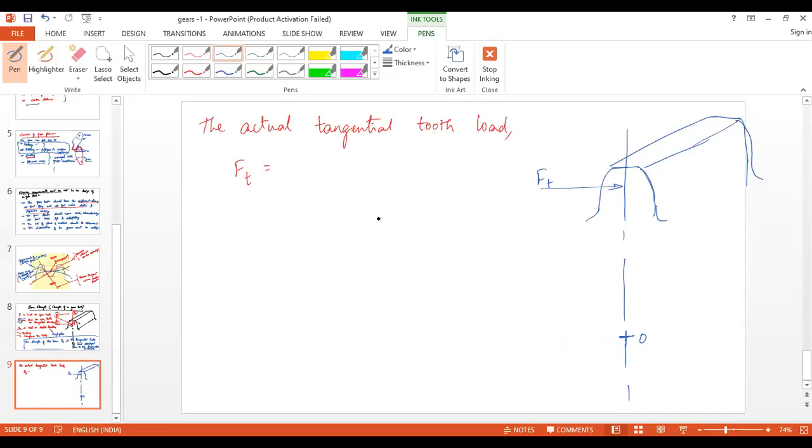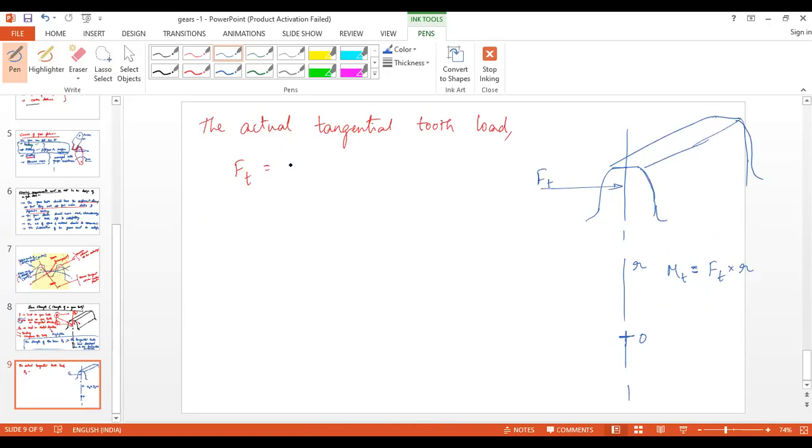Okay. Now, what will be the bending moment? What is the expression for bending moment? It is force into perpendicular distance, right? It is force Ft into perpendicular distance r, that is, the circle radius of the gear wheel.